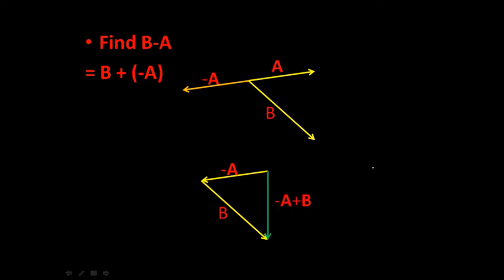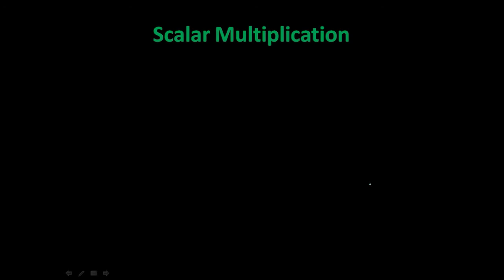Always remember it as a shortcut from where you start to where you finish. That's negative a plus b, which could also be written as, of course, b minus a. Make sense? Of course it does. So that's how we can graphically subtract vectors.